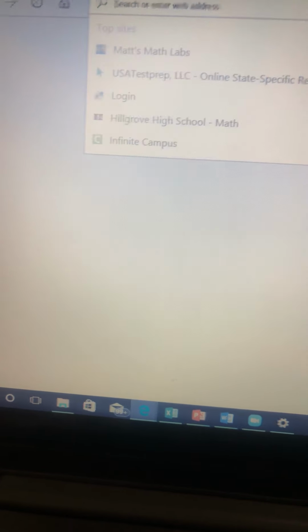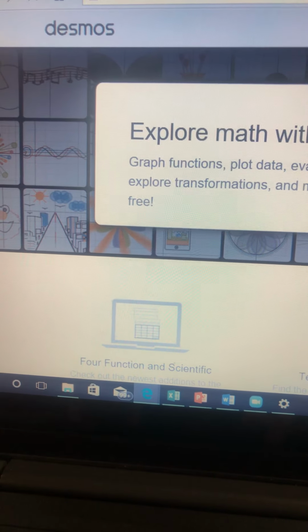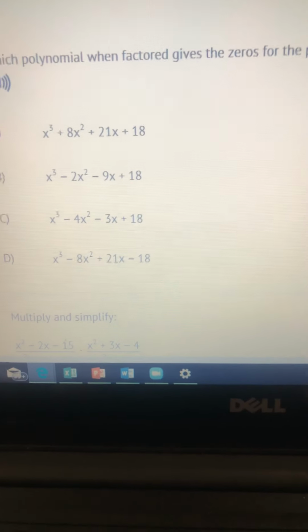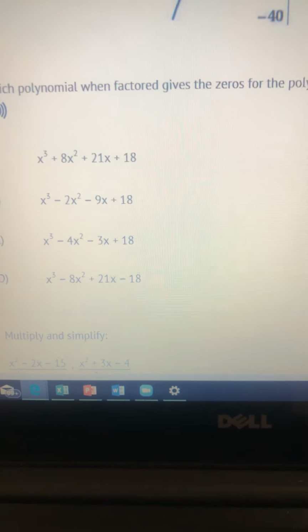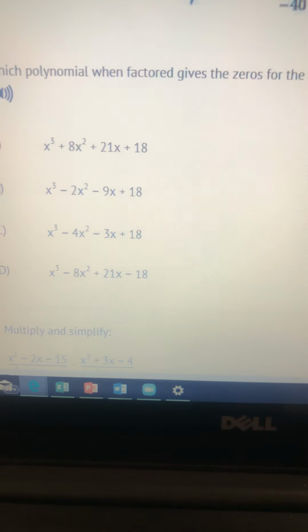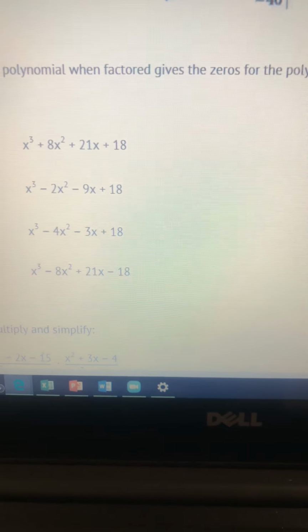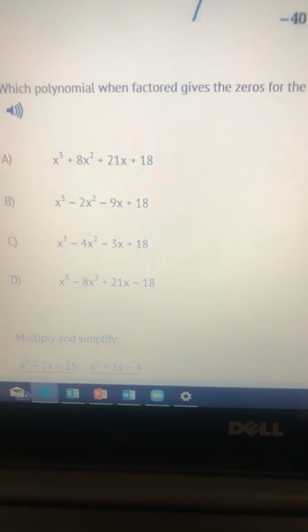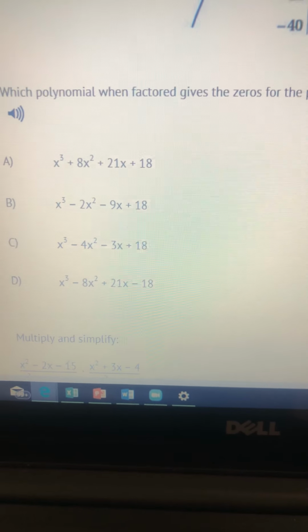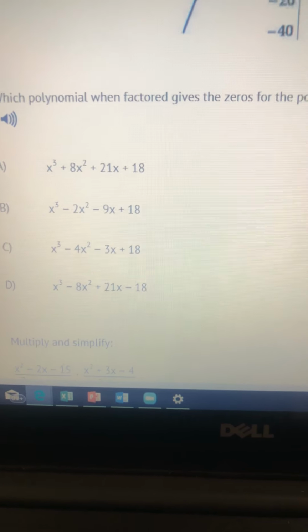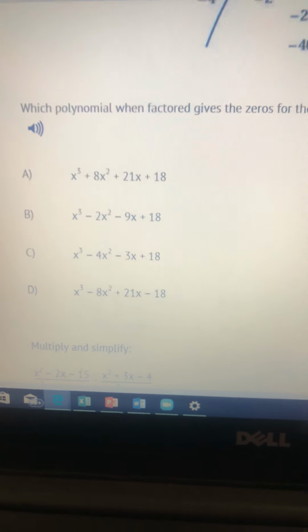Okay, so my computer's a little slow. Give it just a minute to switch back and forth. I'm going to just write these answers down. X cubed plus 8x squared plus 21x plus 18. X cubed minus 2x squared minus 9x plus 18.